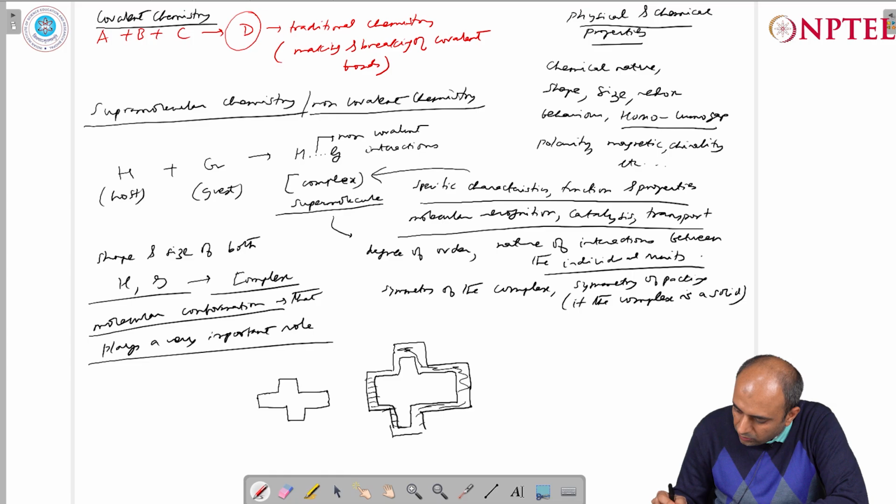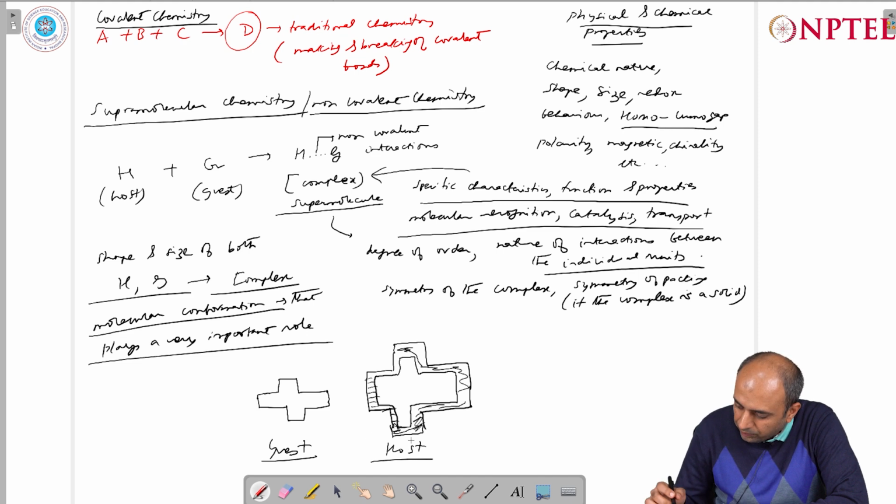So this is my guest, which is relatively smaller in size, and this is my host, which is relatively larger in size. And now I would like to see how my guest interacts with the host.